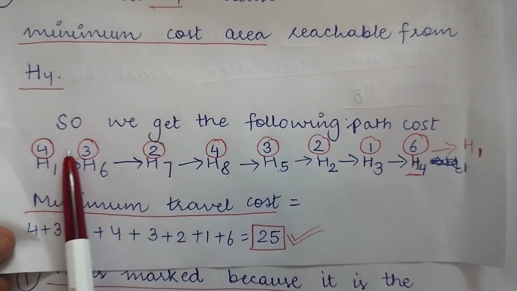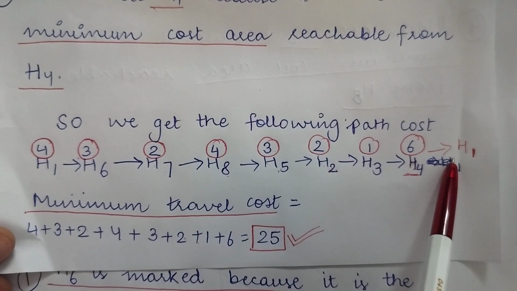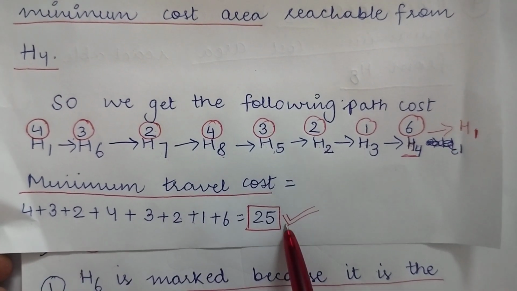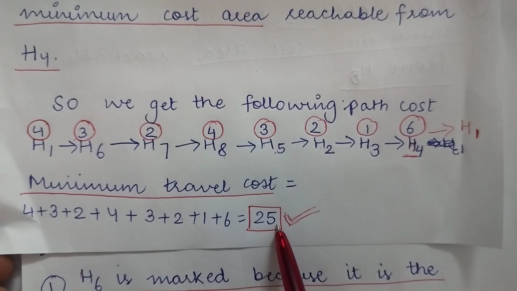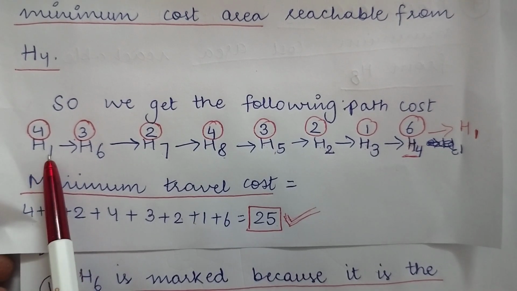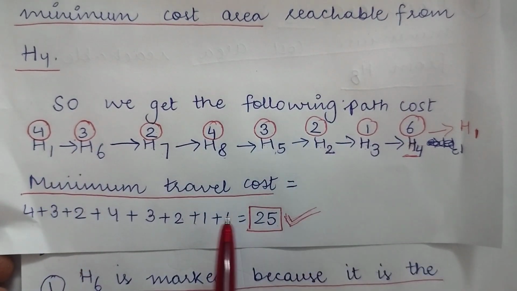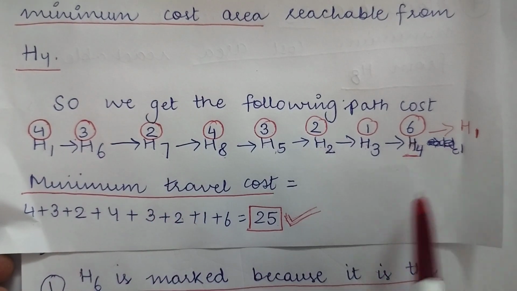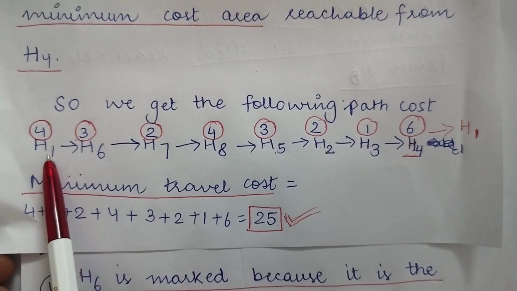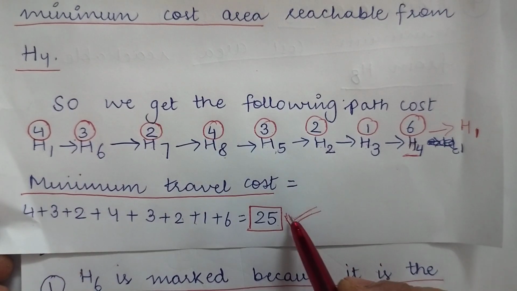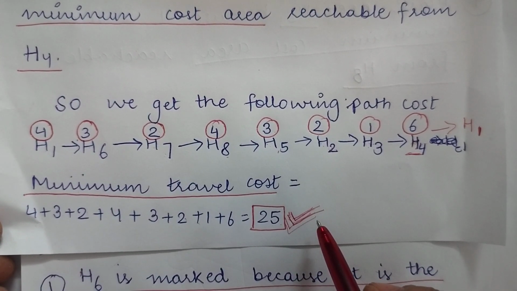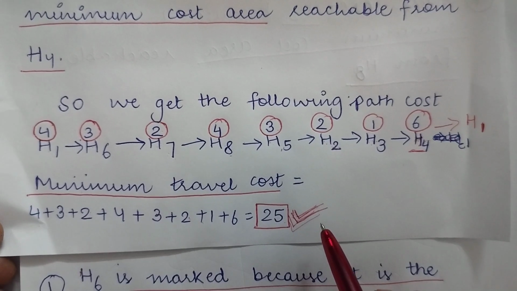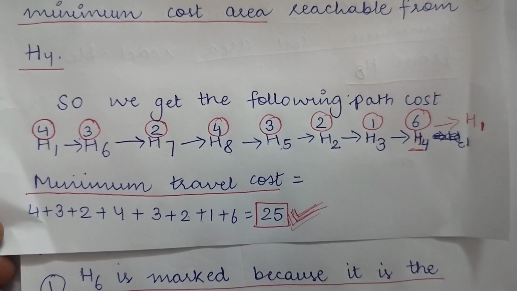And then you can sum up the cost of all these locations. So it gives you this sum 25. So you can say the minimum cost of traveling starting from location H1 and covering all the locations in that geographical area and then reaching back to the same location from where you started is 25. So this is the minimum cost for covering all the locations, and this is the traveling salesman problem.